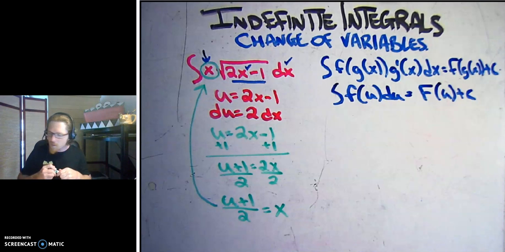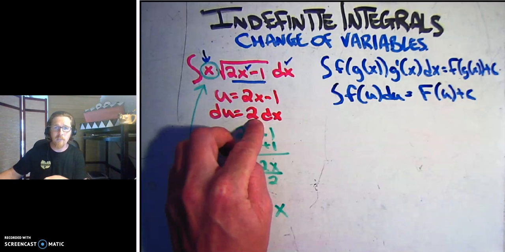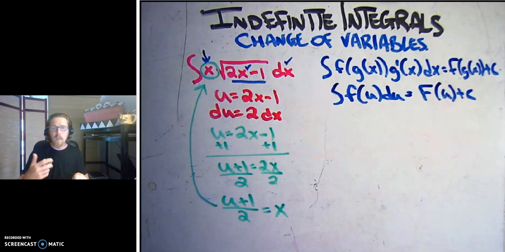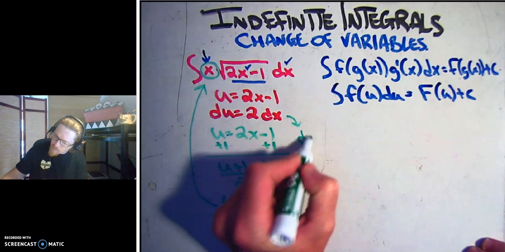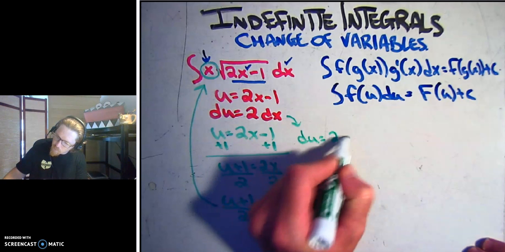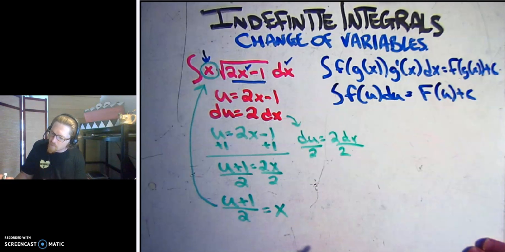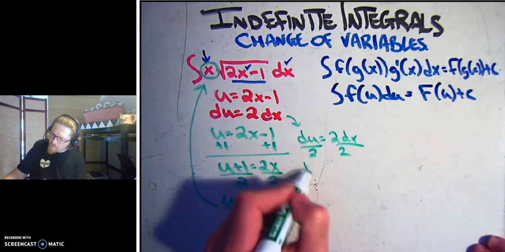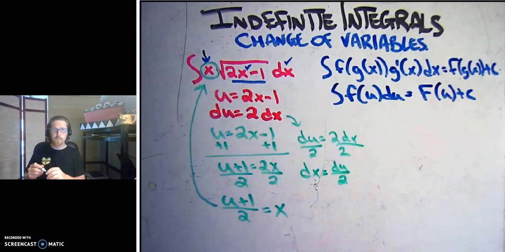Now I'm also going to have to account for this 2 that I have in my du. So I'm going to pull a little substitution trick there as well. I'm going to take this idea that du is equal to 2 dx, and I'm just going to divide by 2 on both sides. So now dx is equal to du over 2.